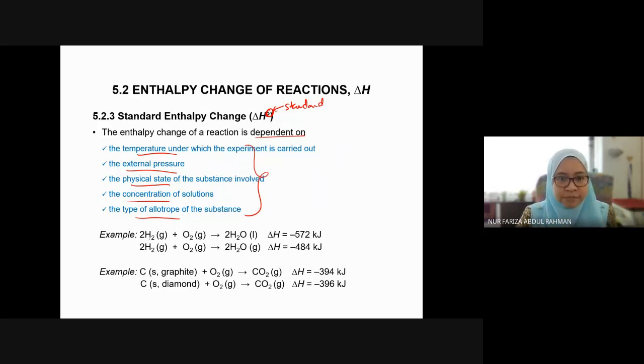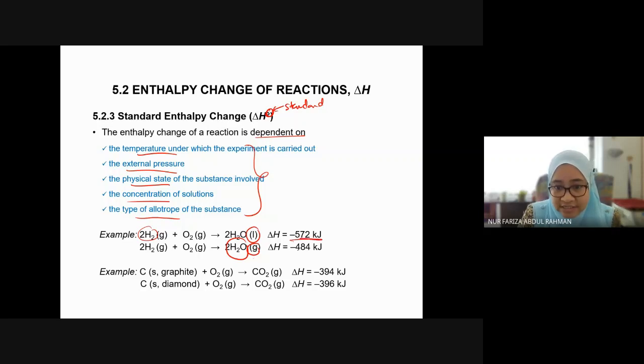Okay, for example, nampak tak? The elements, the reactants and product are the same for reaction 1 and reaction 2. It's just that they differ in terms of the state ataupun the phase of the product. Reaction 1, it is in liquid state. Reaction 2, it is in gas state.